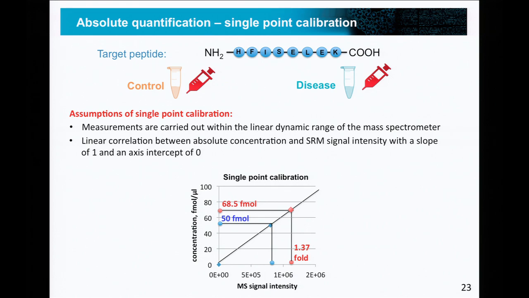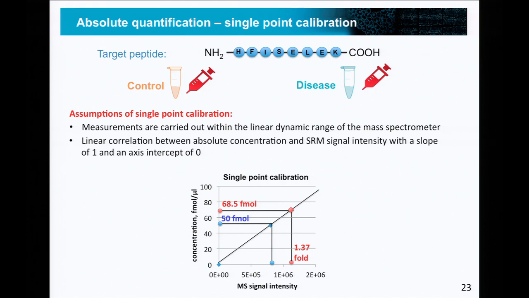Only with these two conditions you can make these very easy mathematical equations that a 1.37-fold increase in intensity means a 68.5 femtomole concentration. Okay? And unfortunately, these two assumptions are not always necessarily true or hold true.